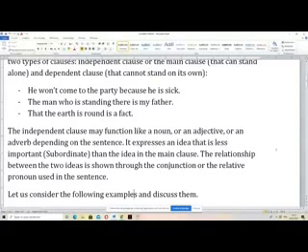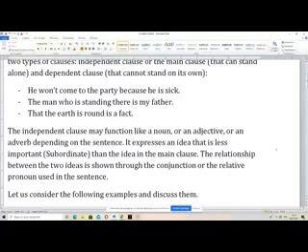It may modify a verb or an adjective or another adverb. As I said, the clause may function like a noun or an adjective, depending on the sentence.